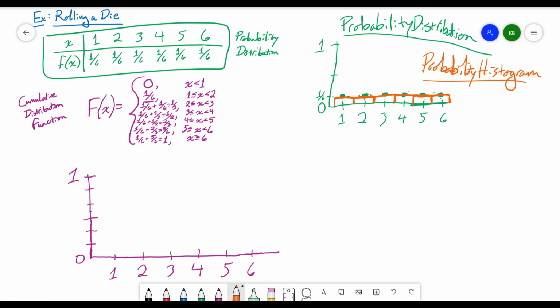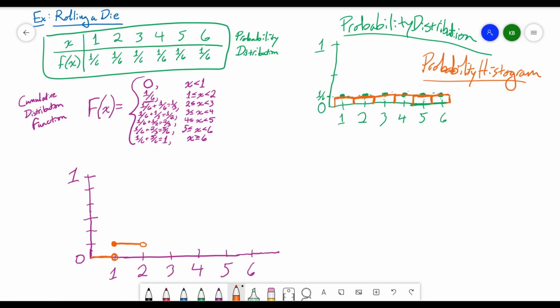So when I plot my cumulative distribution function, I know that if x is less than 1, so everything right up to 1 but not including 1, so I use an open circle at 1, then my value is 0. Now between 1 and 2, 1 is included, so I put a closed circle there and an open circle at 2 because it's not.